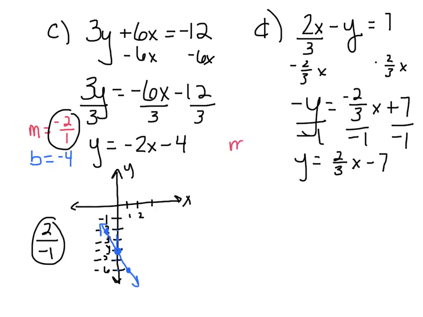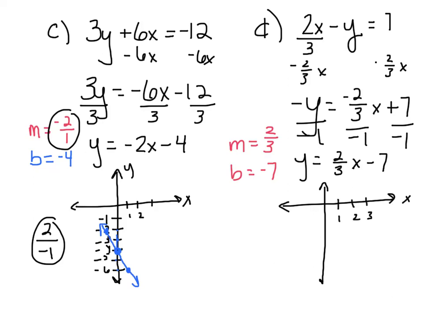My slope would be positive 2/3, which means my line would be going uphill. My b is negative 7. So if I graph this, now once again, you do a much better job on your graph paper.